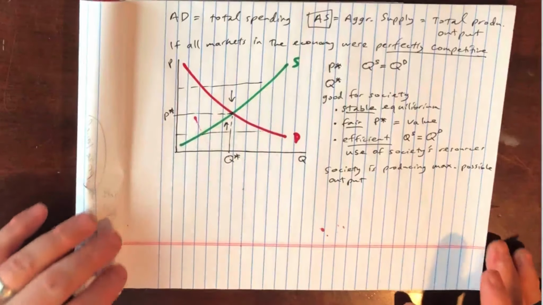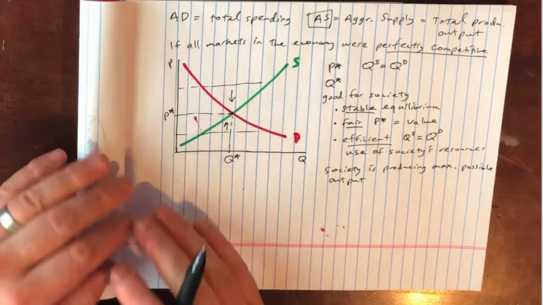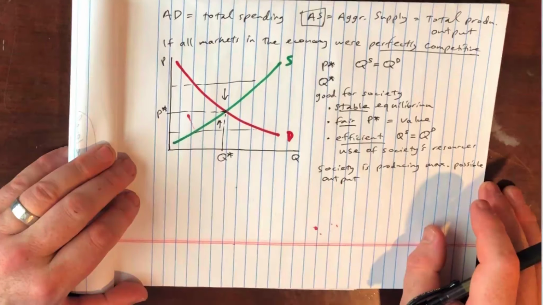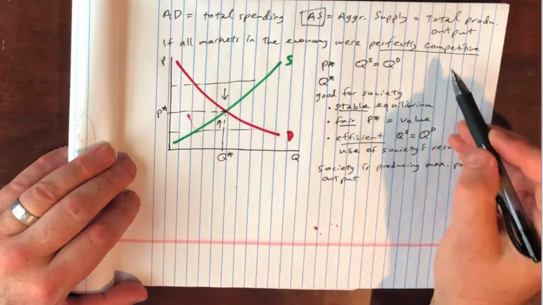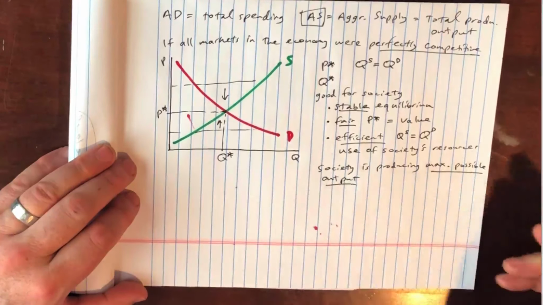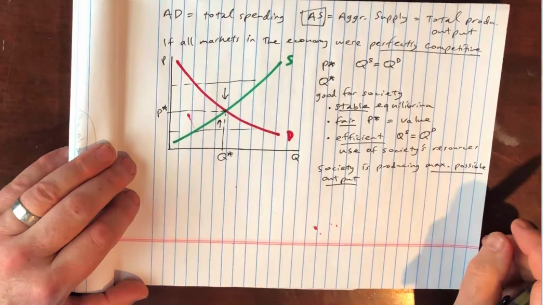This is the argument from classical, neoclassical economics, that perfectly competitive markets lead to the maximum output in the society. All right?